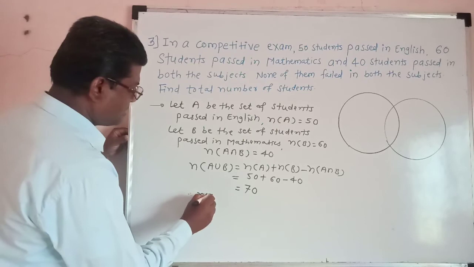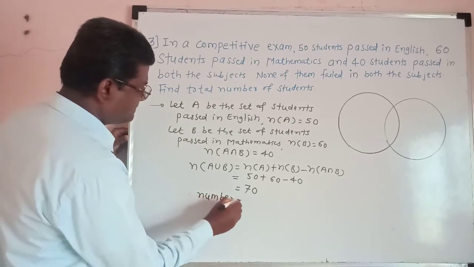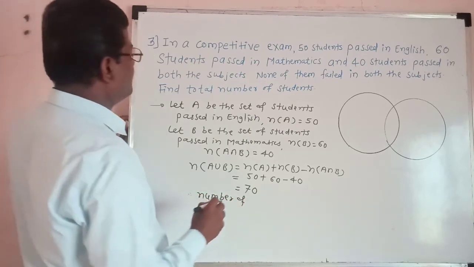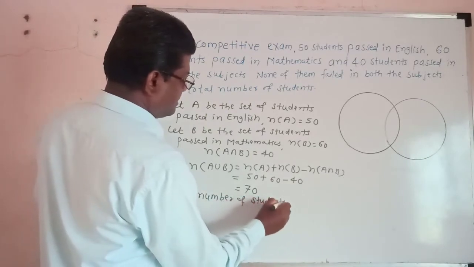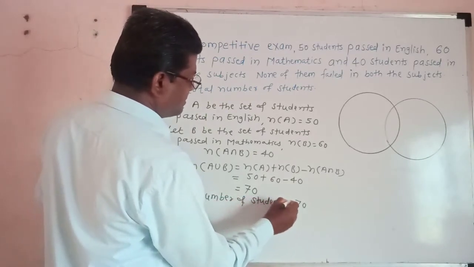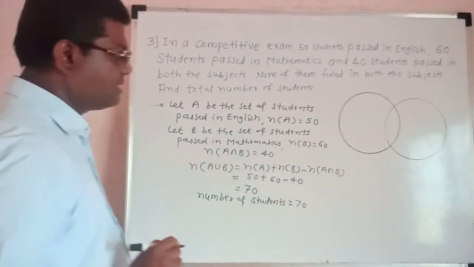Therefore, total number of students is equal to 70.